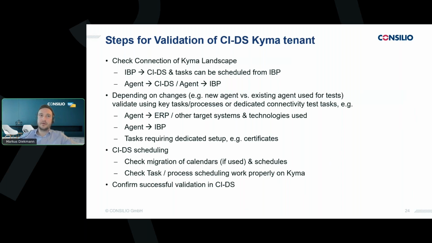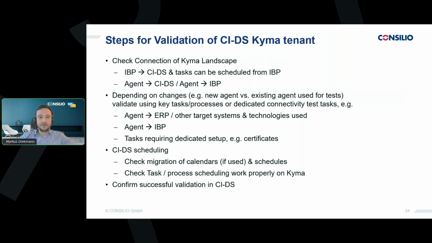For example, you not only have the IBP system connected, so could you start tasks from the ERP system or other target systems and technologies? And then you need to check if you use the schedulers in CIDS. Are the calendars working in the schedulers, and does the scheduling of tasks and processes work properly on Kyma?